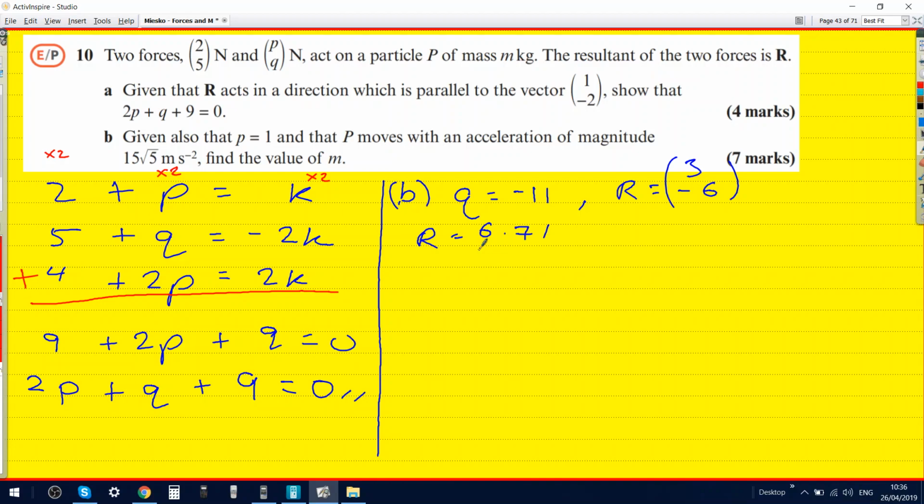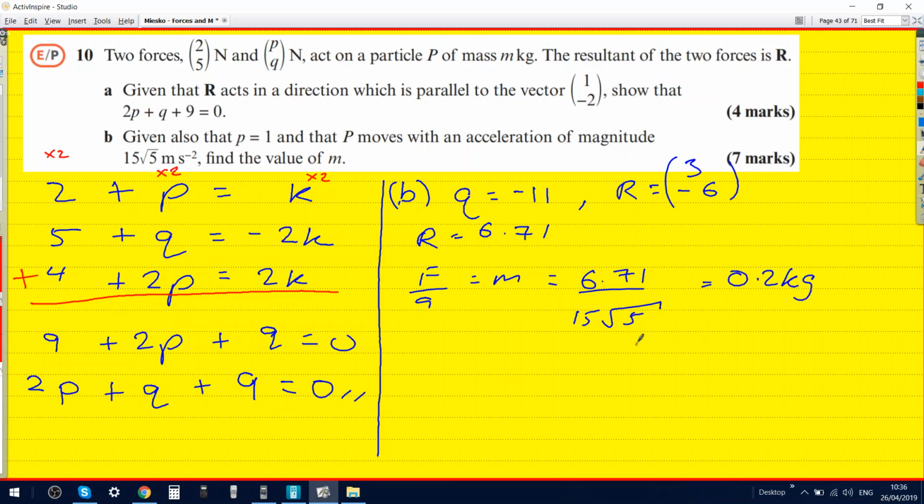So 6.71 divided by 15 root 5 gives 0.2. Equals 0.2 kilos.